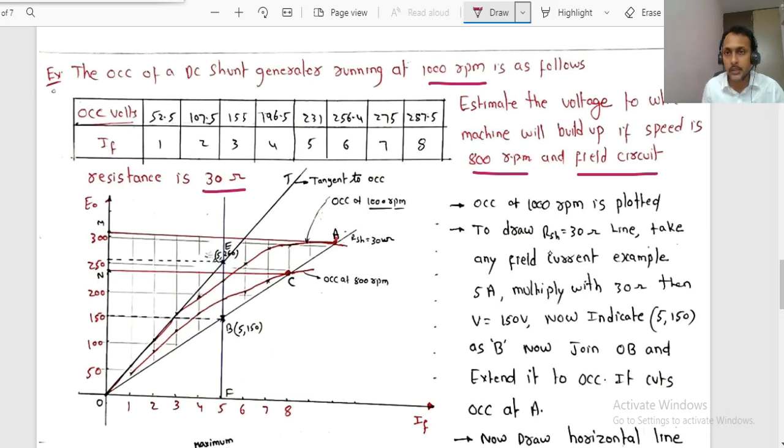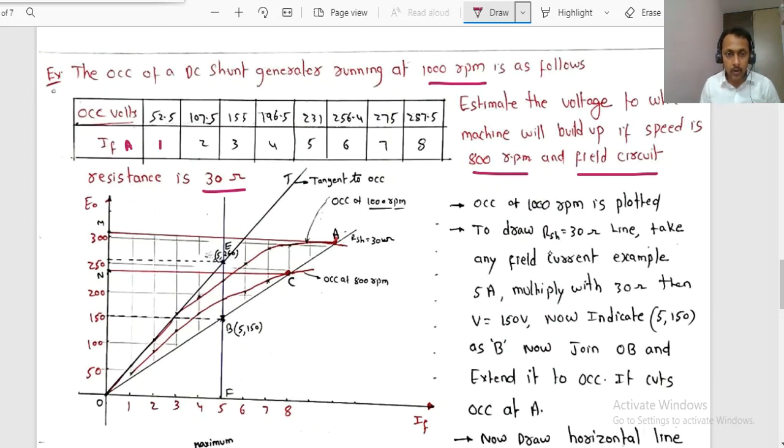This is the voltage induced in the generator at different values of field current IF: 1 ampere, 2 amps, 3, and so on up to 8 amps.